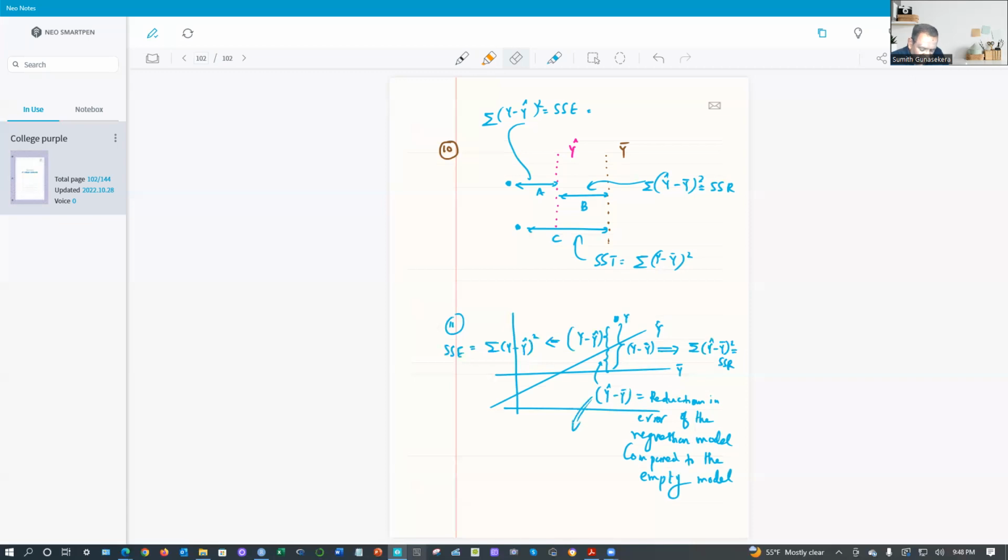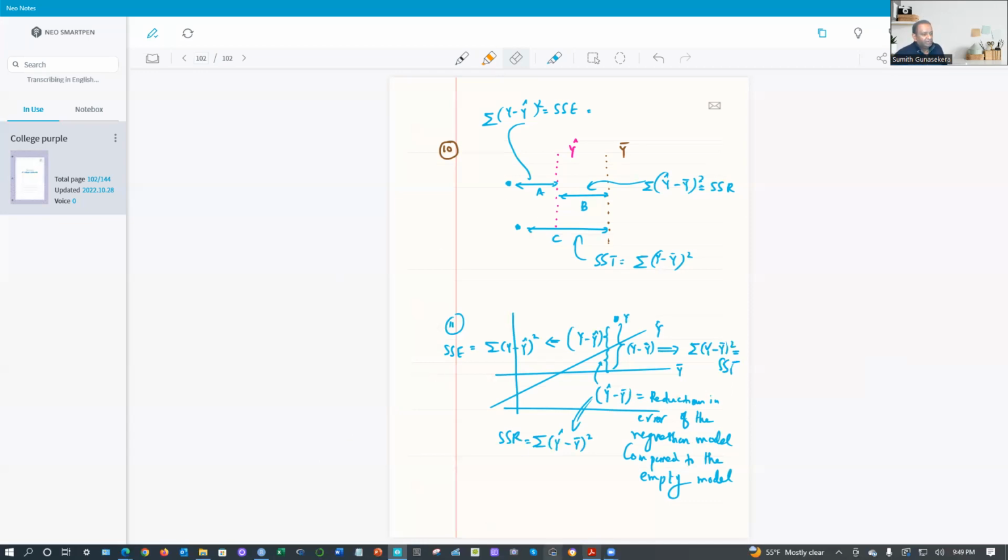From this distance, y minus y bar, squared, is the sum of square total. This one, y hat minus y bar squared, the sum of square regression, is responsible for the reduction in error.